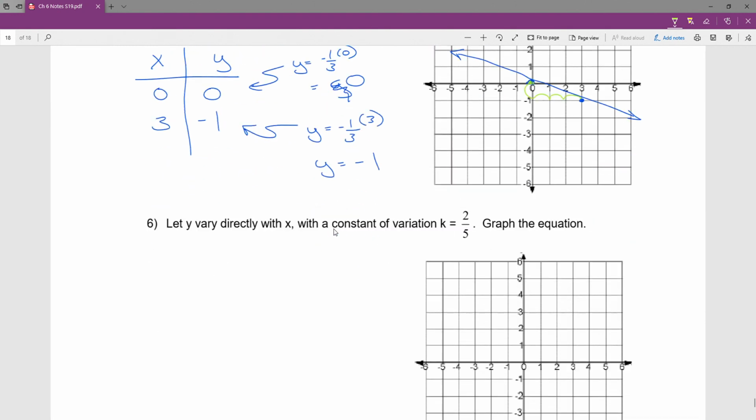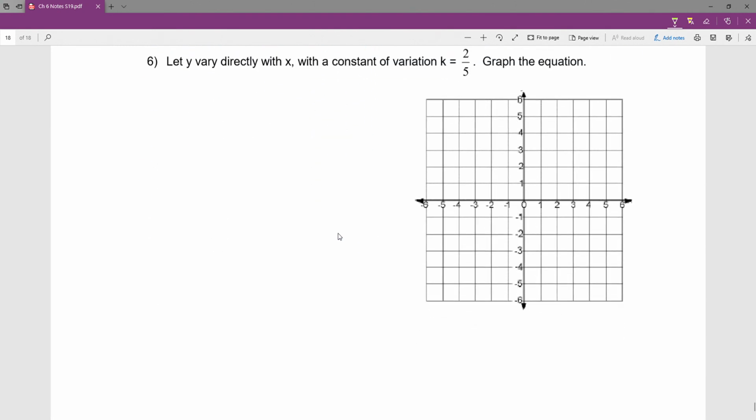So one last one here. And again, we're going to use the table method to put this on the graph. So we've got that y equaling, because it says let y vary directly with x, 2/5 x. That gives me my equation that I'm dealing with. And again, it's that framework equation of direct variation. And I could make a chart. In this case, because I have this fractional coefficient, I want to pick multiples of 5.